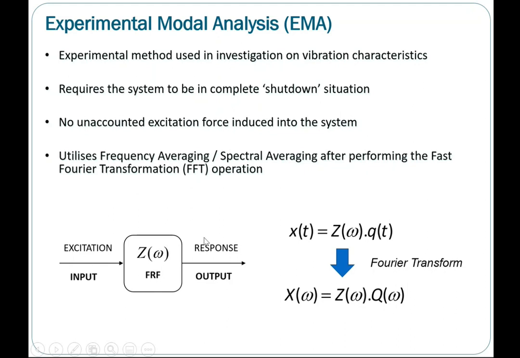If the machine is running and you give an input, the vibration response that you measure will be due to this input plus the running conditions, noise, or whatever response comes from the running conditions. So that's why it has to be shut down. No unaccounted excitation force is induced into the system, only purely the input plus the response due to the input. Dividing this out over the input, you will get this. So that is the whole idea.